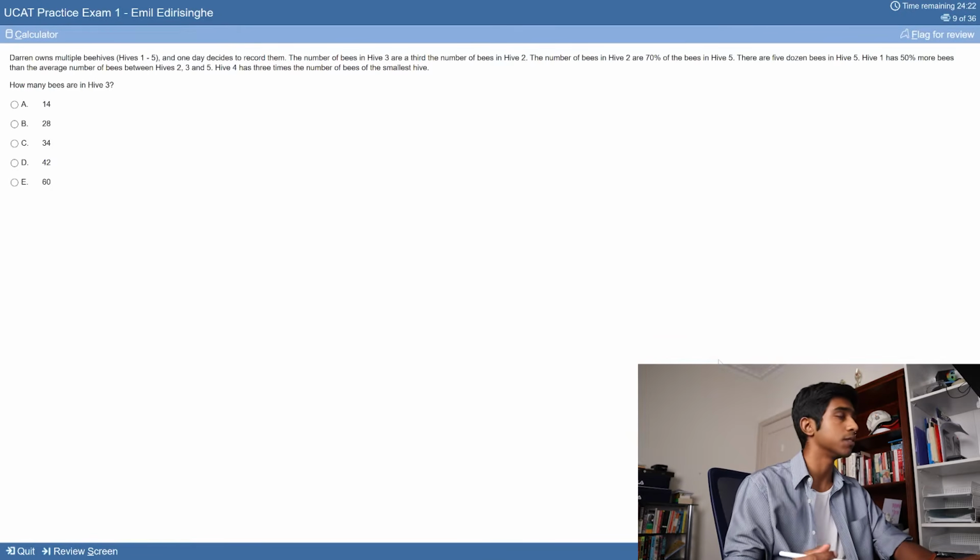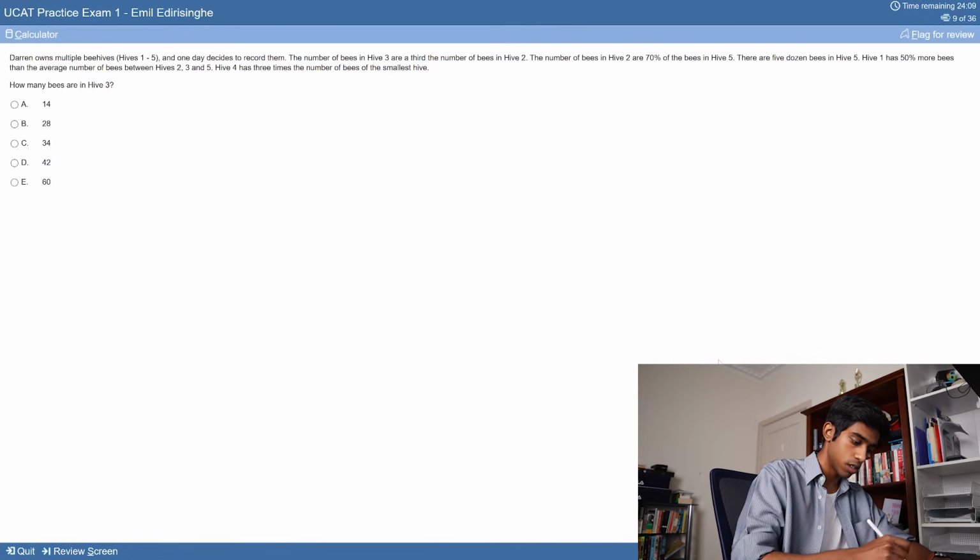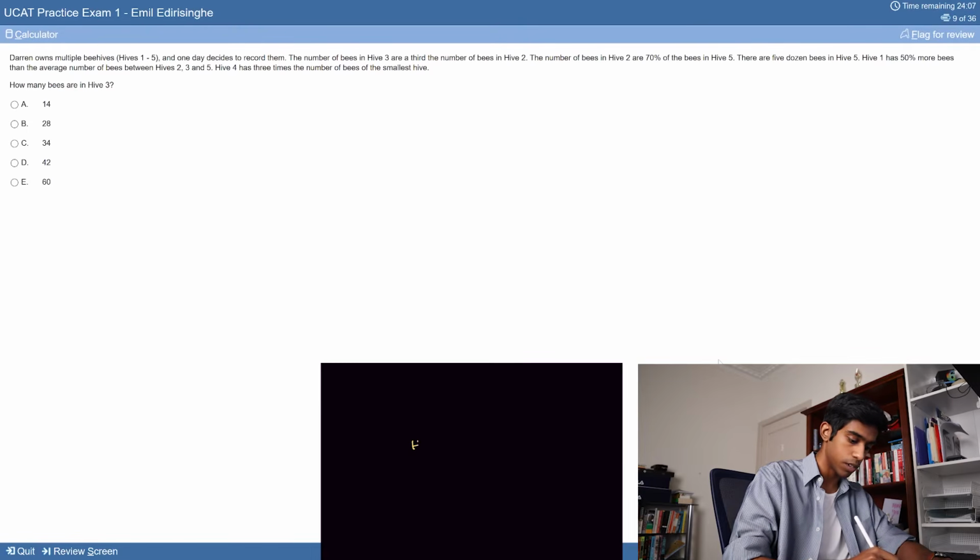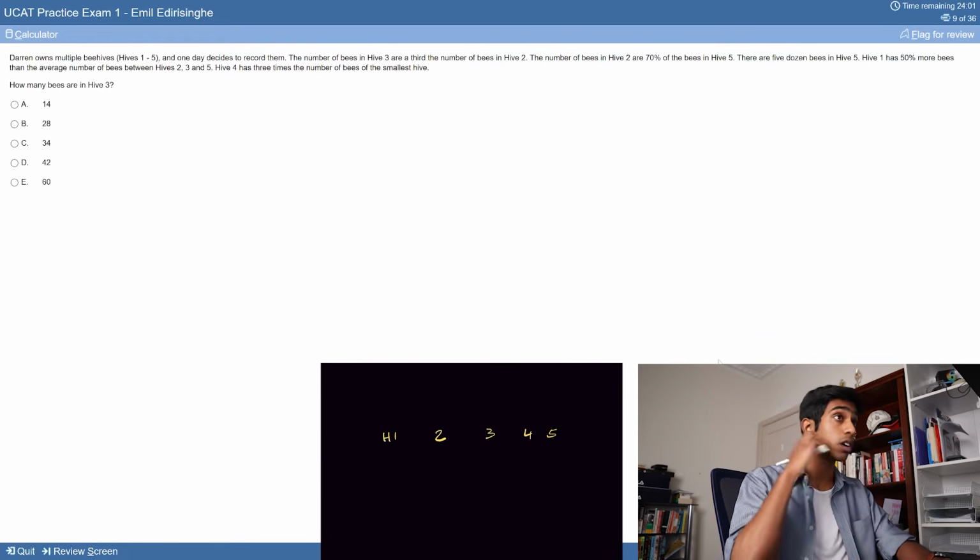Hive 1 has 50% more bees than the average number of bees. Okay, hive 4 has 3 times the number of bees of the smallest hive. Okay, so I'm just going to write this, H1, 2, 3, 4, 5. Then we got 5 has 5 dozen, so that's 60.